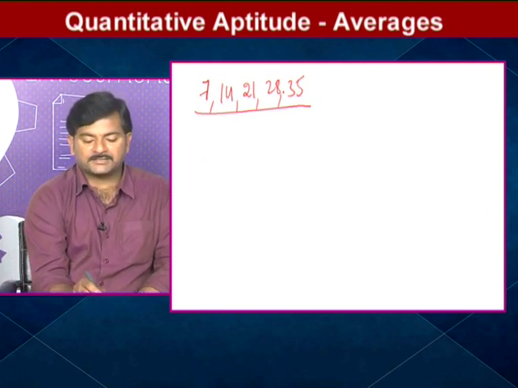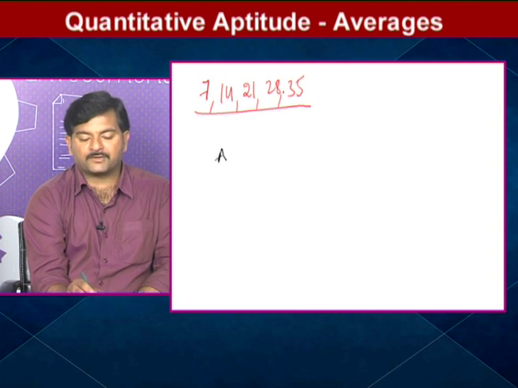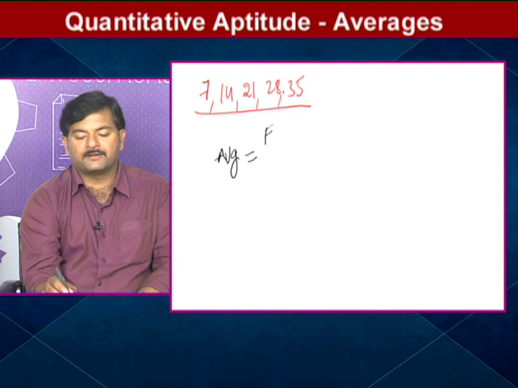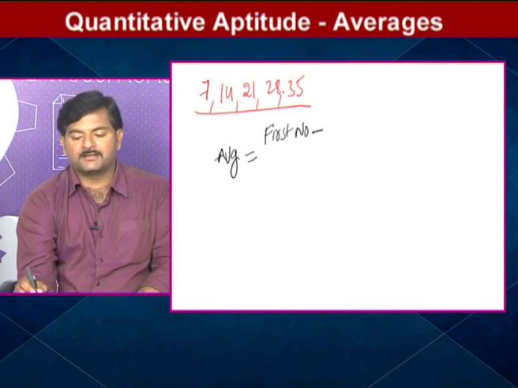The formula is: average is equal to first number plus last number by 2.